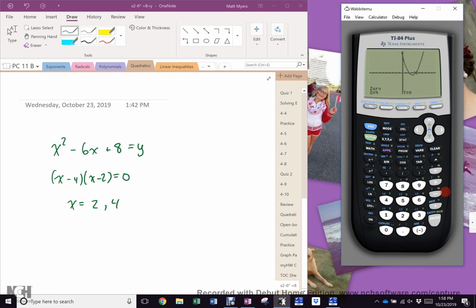Was everybody able to get 2 and 4? The calculator is telling you exactly what to do. Set a left boundary, set a right boundary, and then guess.